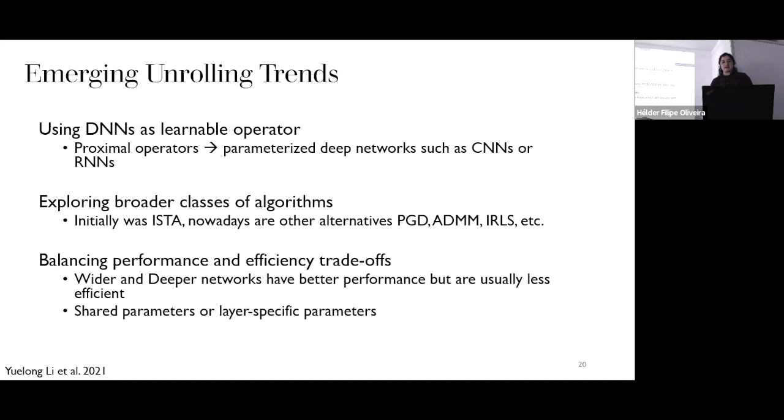But they are also balancing the performance and efficiency trade-offs. So they are deciding whether to share the parameters across the network or be specific for each layer. And also they have to see if they make the networks wider and deeper, but they can also be less efficient networks.